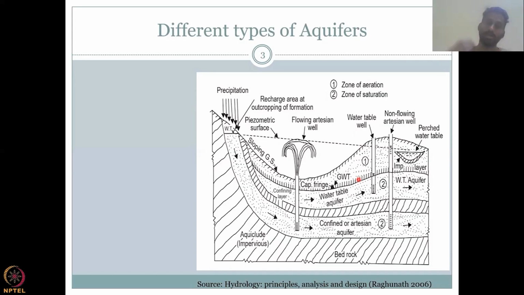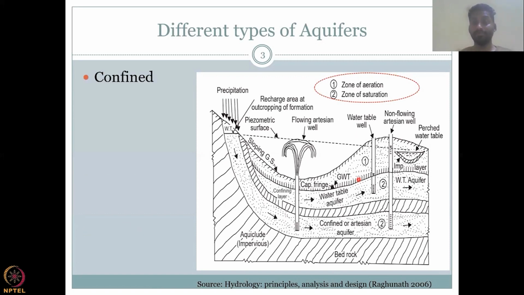So that is where water can be stored, recharged, etc. And that is called the zone of aeration. So the zone of aeration and saturation have been discussed. We understand that it is a function of a pore space being filled with water or not.